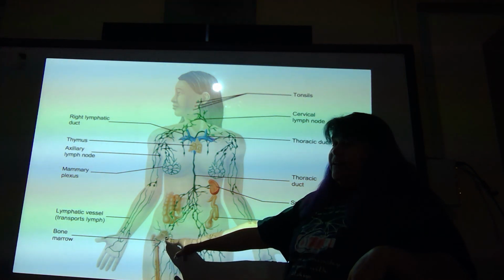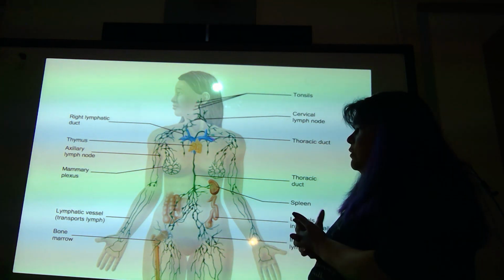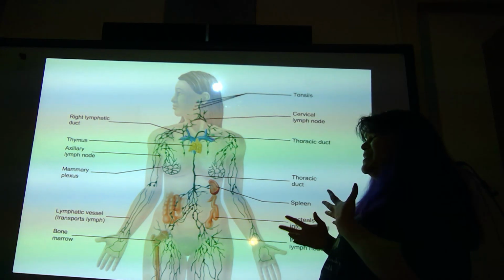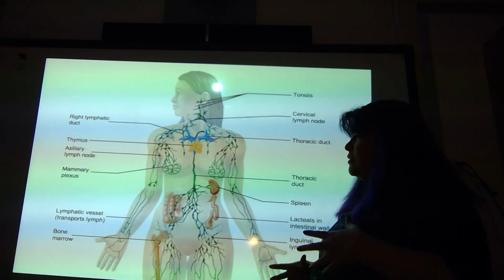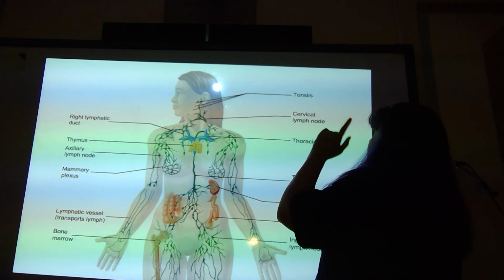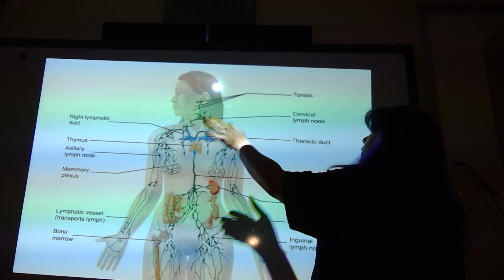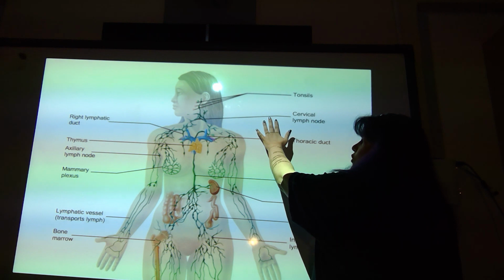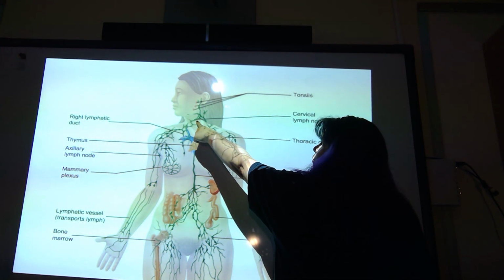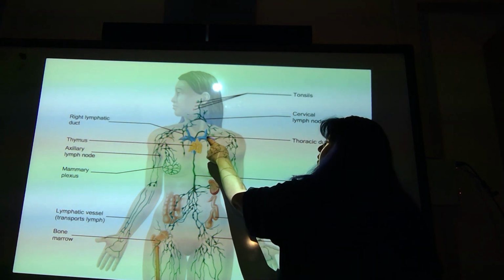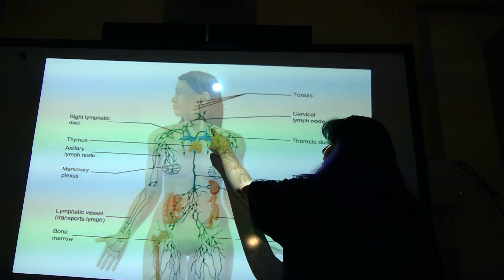Now, inside of the bone, you've got bone marrow, of course, specifically in the ends of your femur, in the pelvis. The cervical lymph node. It's going to be right next to the cervical vertebra in the neck. You've got the thoracic duct.